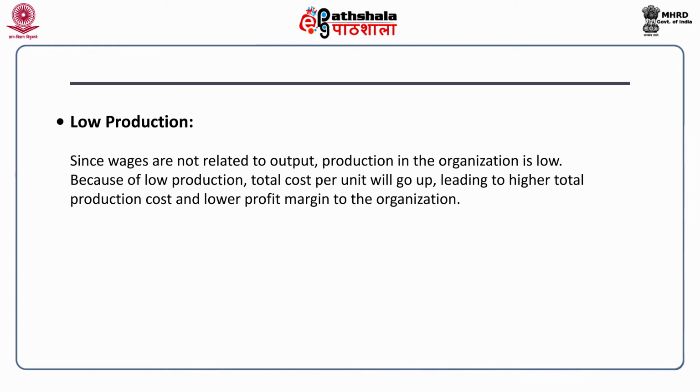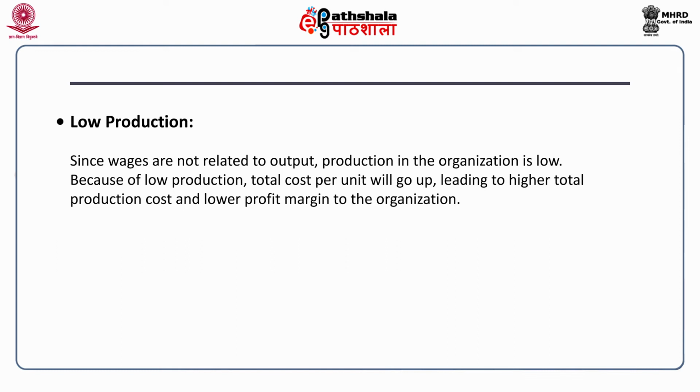Also, as wages are not related to output under this method, management finds it difficult to calculate labor cost per unit. The output will go on varying from time to time while wages will remain almost the same. Management finds it difficult to plan production and control it as there is no relationship between wages and output.